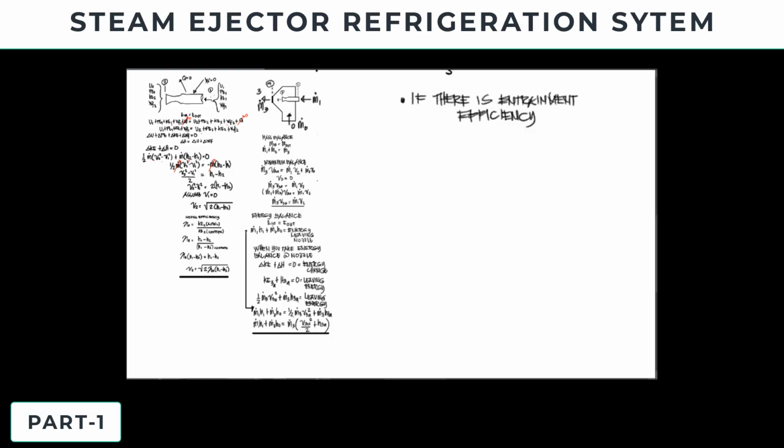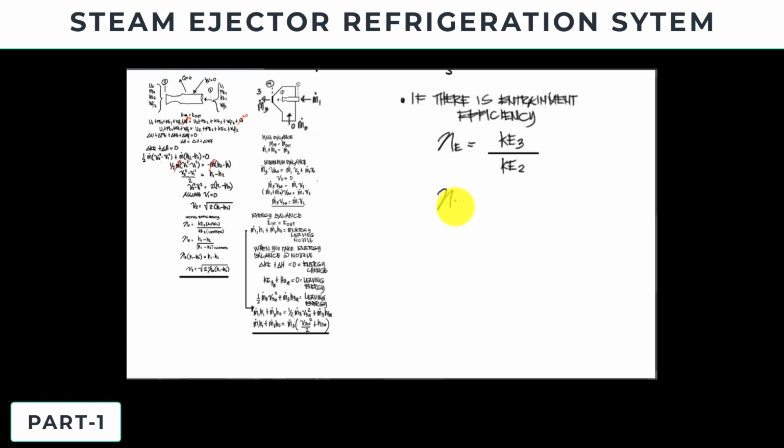Now, I would like to add an entrainment efficiency for the nozzle part. So we have the equation for that one. The nozzle entrainment efficiency will be equal to the kinetic energy 3 divided by the kinetic energy 2.